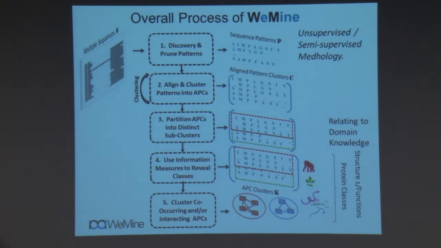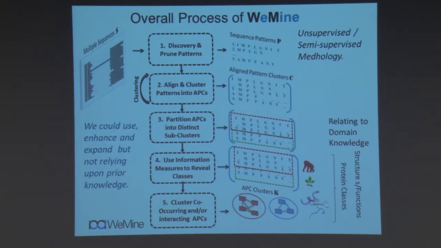So the whole idea is, once we zero in on this short sequence, we can relate it back to the real world: the structure, function, and protein classes. And then we can enhance it, bypassing the bottleneck. We don't need any prior knowledge. Sometimes it's the prior requirement that costs us time, trial and error, okay?